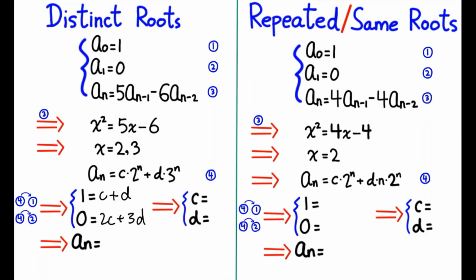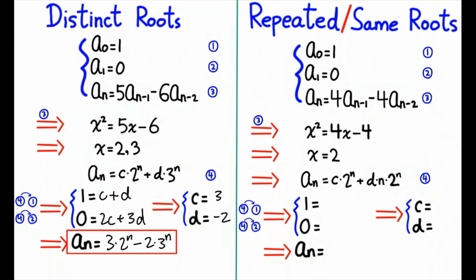This makes it so that c is equal to 3 and d is equal to minus 2. Putting this into equation 4, we're going to get that an is equal to 3 times 2 to the n minus 2 times 3 to the n. And there you go. That's the equation for distinct roots.